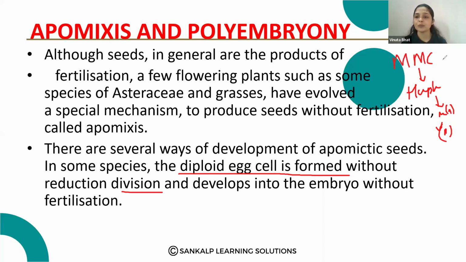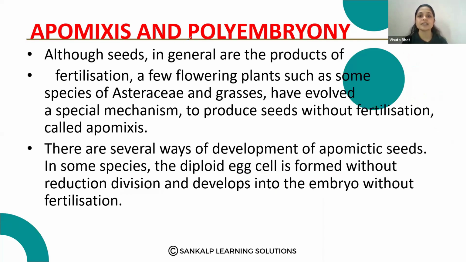But sometimes this diploid egg cell is formed without reduction division. So the megaspore mother cell is not able to undergo the reduction division and forms the diploid egg cell. This diploid egg cell develops into embryo without fertilization. Okay, so this is one method of the development of the apomictic seeds.